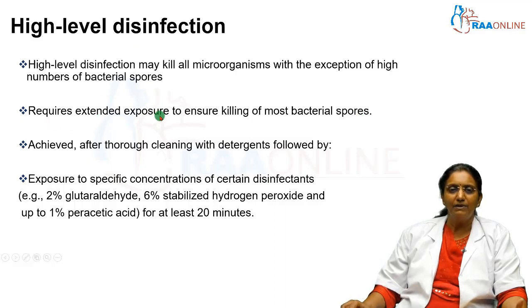That is known as high level disinfection, and it is achieved after thorough cleaning of the surface with proper disinfectant or detergents. Exposure to chemicals such as 2% glutaraldehyde, hydrogen peroxide 6% and peracetic acid can achieve high level disinfection, and it requires an exposure for a minimum period of 20 minutes.